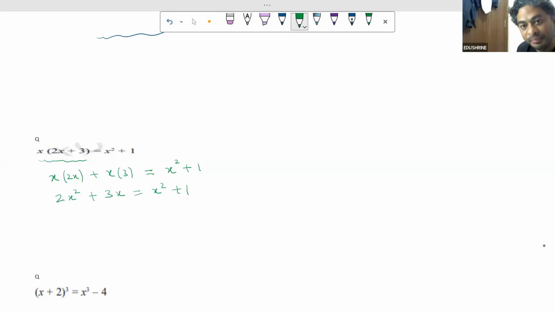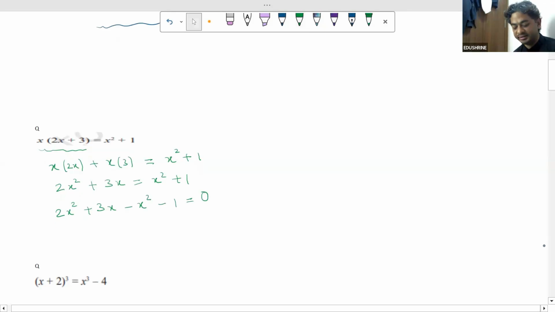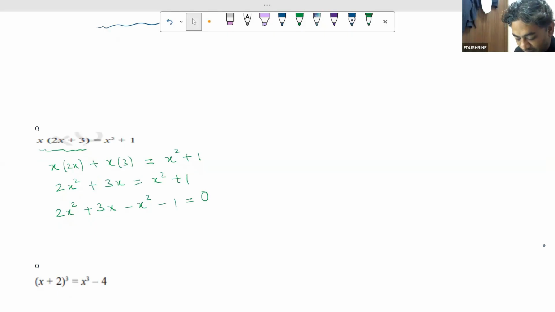Now this x square and plus 1, I'll take on my left hand side. It becomes 2x square plus 3x minus x square minus 1 is equal to 0. I have taken x square on the left hand side, so it became minus x square, and plus 1 also I took on the left hand side, so it is also minus 1. So 2x square plus 3x minus x square minus 1. What do I do next?